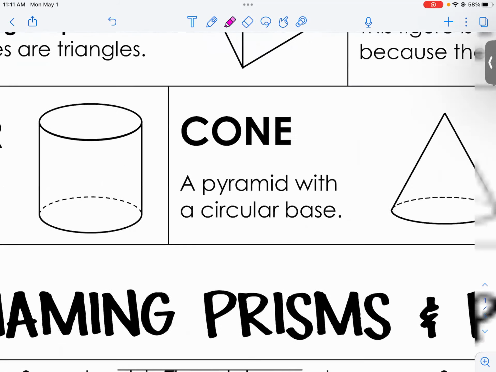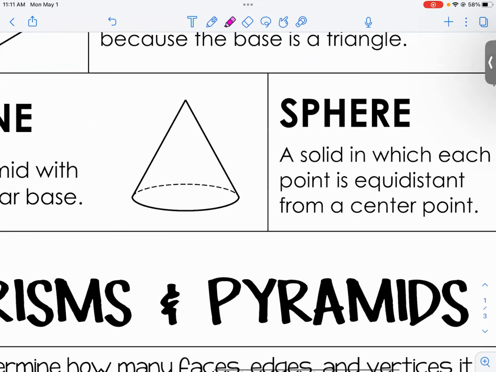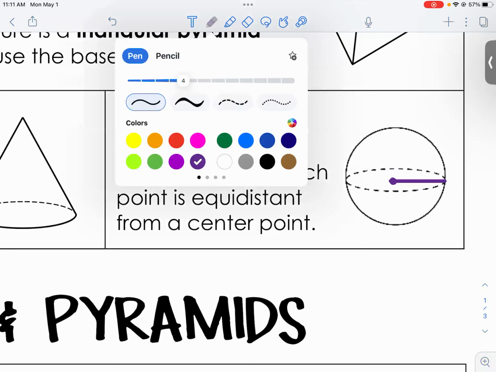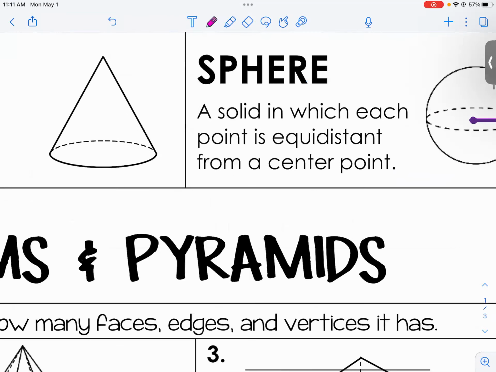It just has a circle base. And then a sphere, it looks like a ball. Like you said, the radius would be that distance from the center, but we're not going to necessarily worry about that right now. Okay. So let's look at this number one right here.